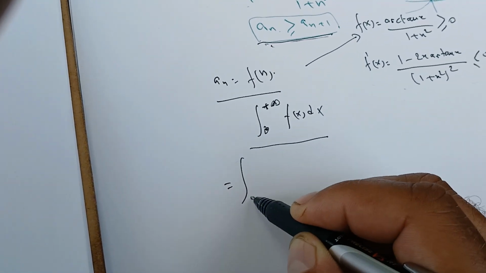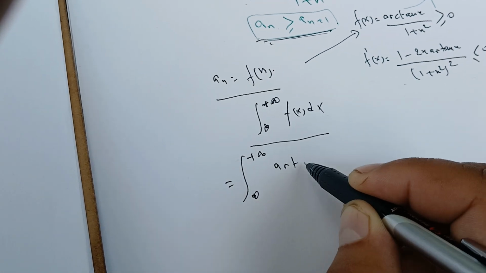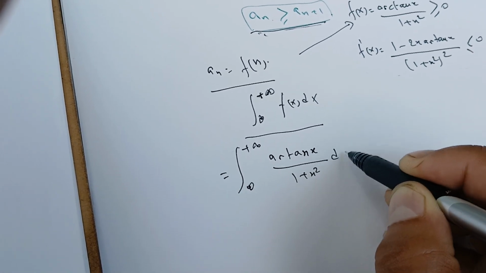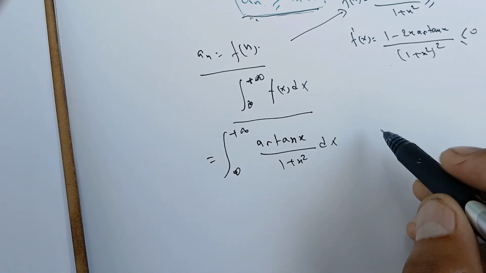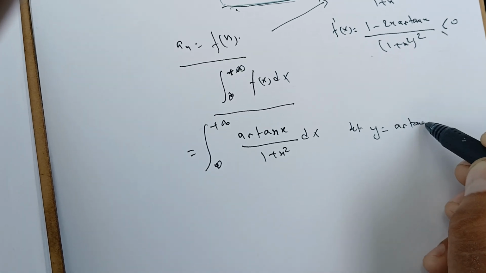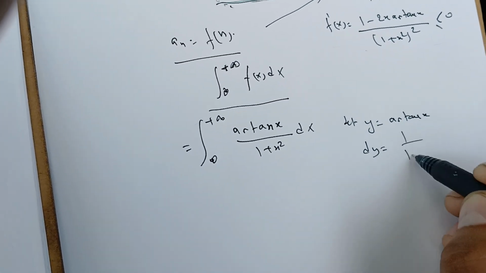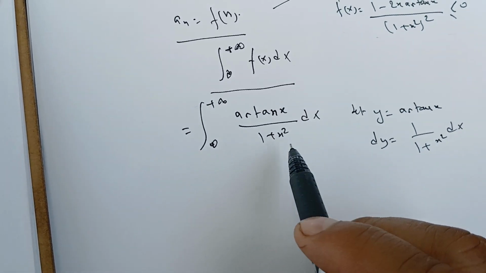So we have the integral from 0 to plus infinity of arctangent x over 1 plus x squared dx. Here we can use a change of variable. If we let y be arctangent of x, then dy is 1 over 1 plus x squared dx.